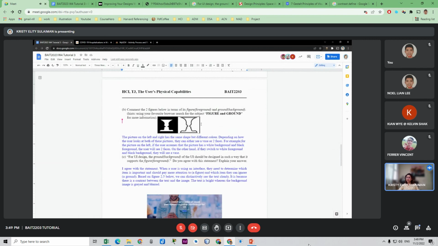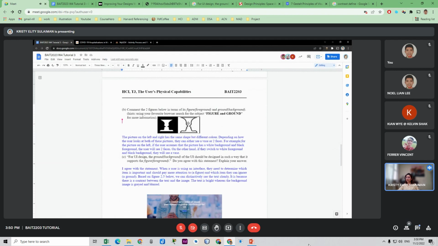Okay, so this picture here. If you look at the first picture, if you only look at the black color, you will see two faces. But if you look at the white color, you will see a vase. A similar thing to this one. If you look outside of the vase, you will see faces.